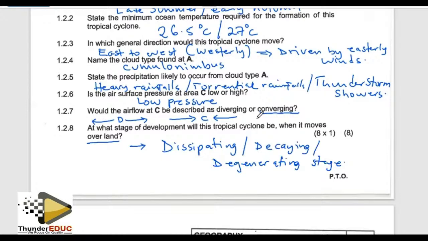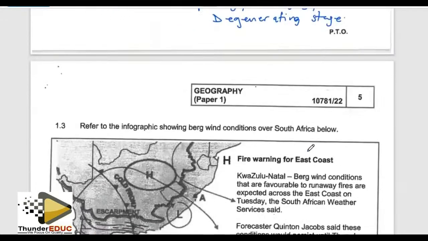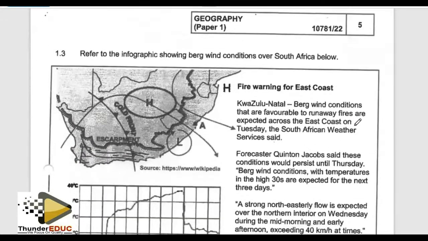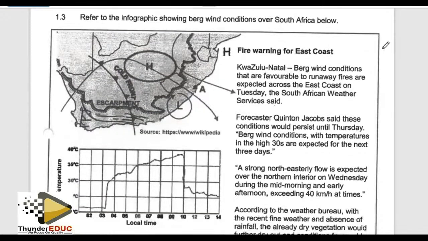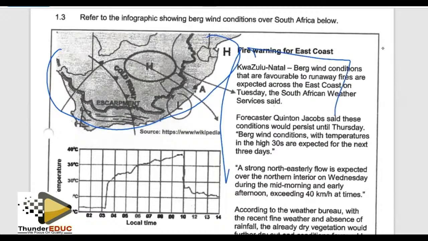All right. Let us proceed to the next question, which says 1.3, for the infographic showing Berg wind conditions over South Africa. You can see this is our infograph. I see the map of South Africa here, there is other written information on this side, and we have a graph here.